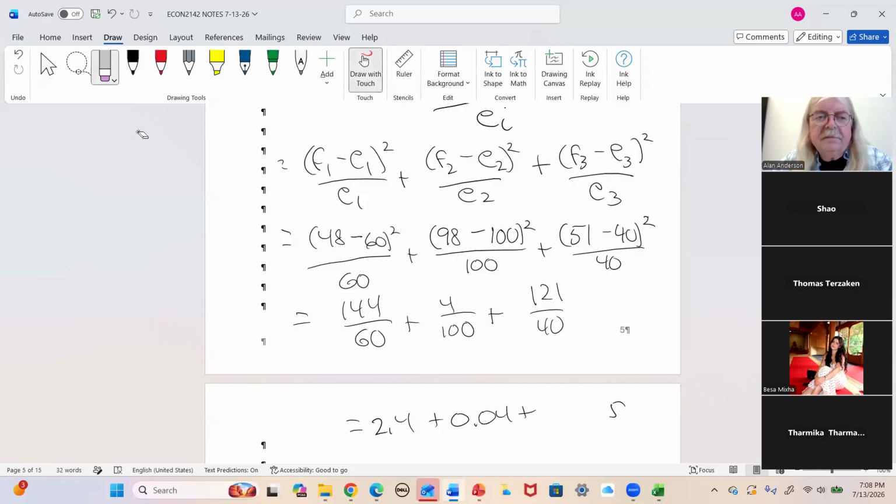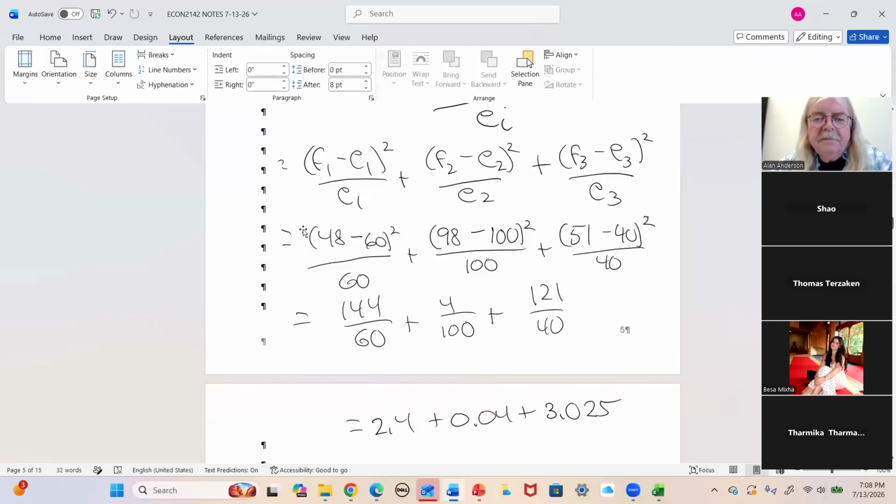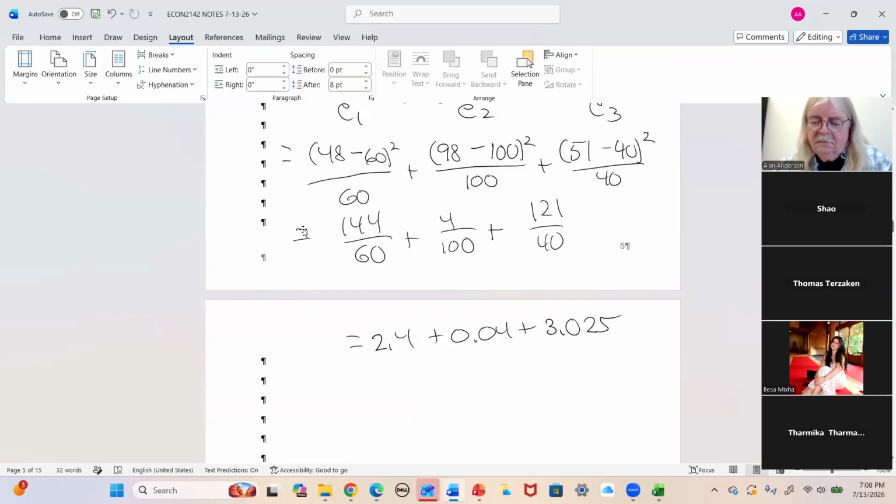Yes, that's better. 3.025. Now we'll add them up. I got 5.465.